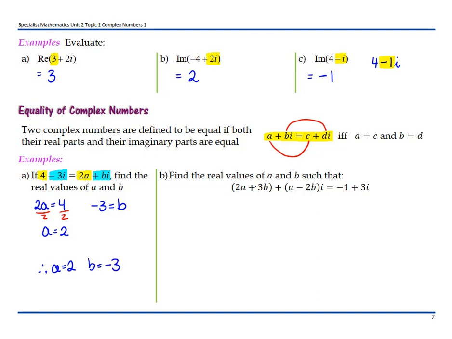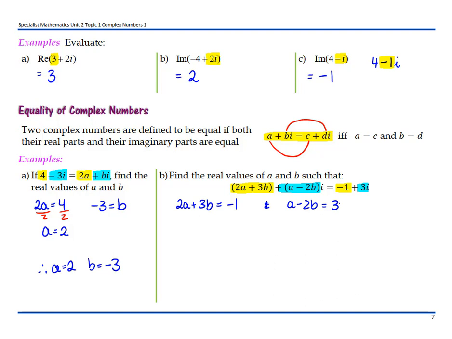In the next one, find the real values of a and b such that 2a plus 3b plus a minus 2bi equals negative 1 plus 3i. So same thing. Look at your real parts versus your imaginary parts. So 2a plus 3b has to equal negative 1, and a minus 2b has to equal 3.